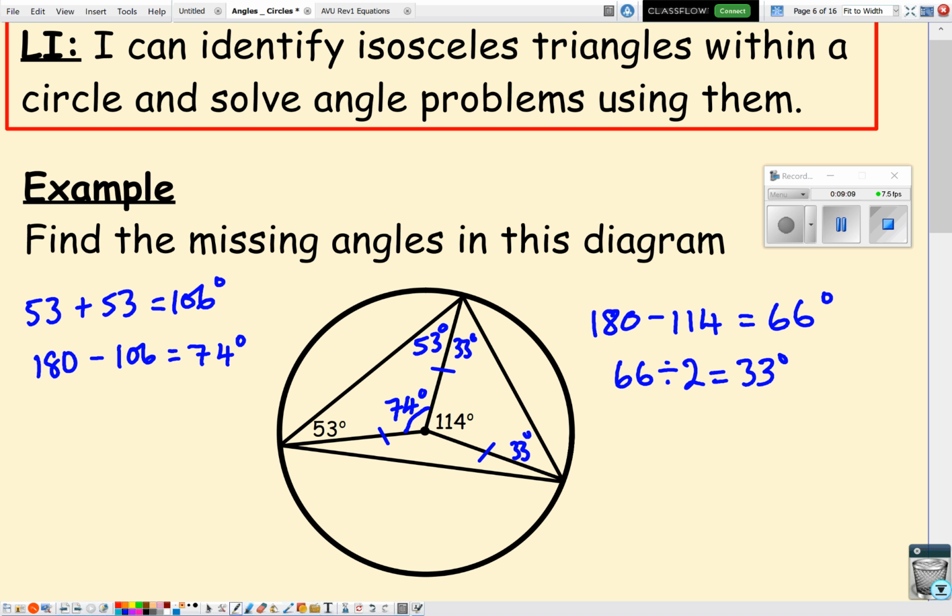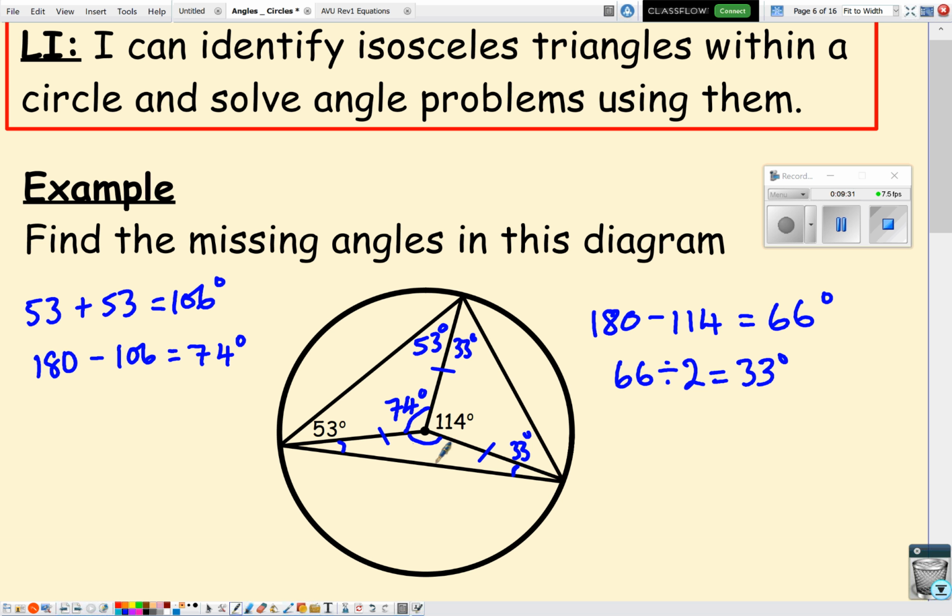Right, now what you need to do next is try and work out the angles in the lower triangle here. Well, we know it's an isosceles triangle. We know that these two at the bottom here are going to be the same, but we can't work them out unless we know what the angle at the top is.